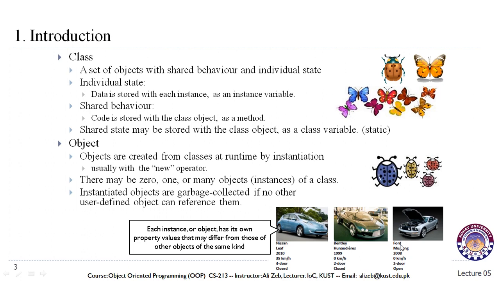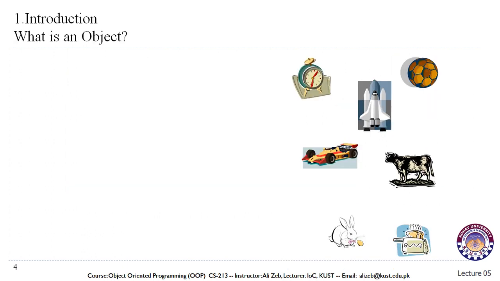So these are three objects of the car class, and these are the objects of the insect class: this is a butterfly, this one maybe a ladybird, and this is a beetle. Each of the individual objects is differentiated from the others through these fields, properties or attributes, which are called the state of the class.